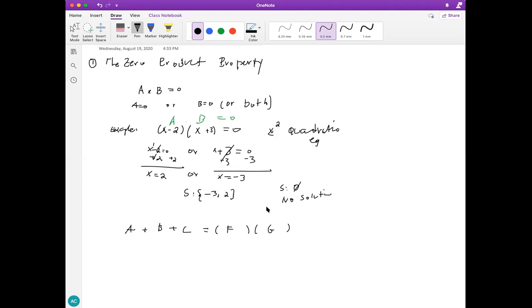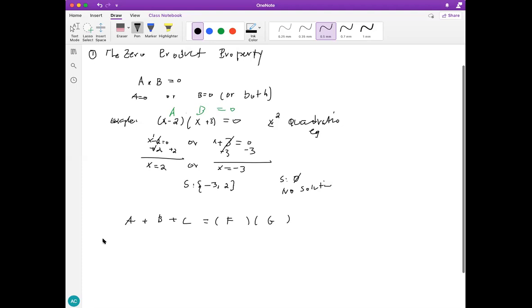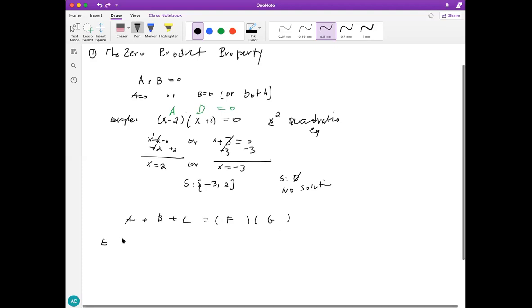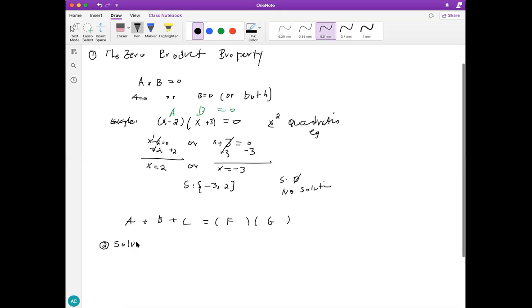Okay, all right, so let's look at more examples. Or before we do that, let's introduce quadratic equations formally. So let's call this number 2. So solving quadratic equations, as I mentioned before.